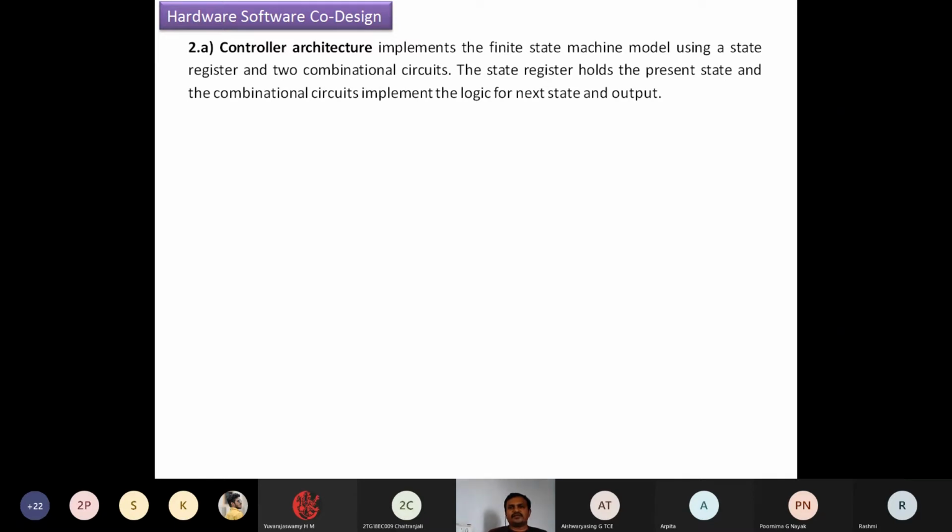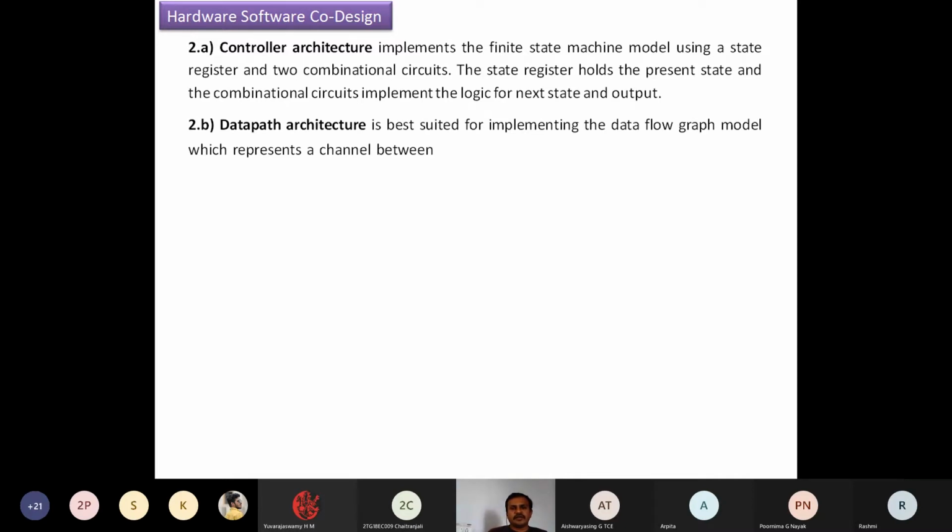So the state register is going to hold the present state, and the combinational circuits implement the logic for next state and the output. Means the control architecture is made for controlling operations. So obviously it is a controlling task what we are going to do with the embedded system. So here we may choose the control architecture.